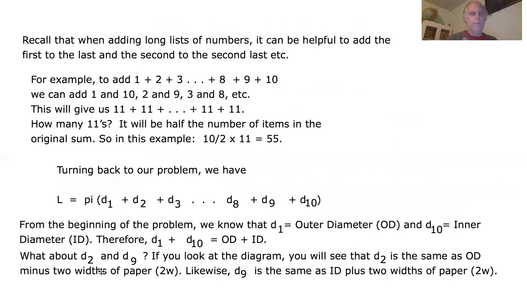So D2, as I put in here, you'll see that D2 is the same as the outer diameter minus two widths of paper, or 2W. Likewise, D9, the second to last circle, is the same as the inner diameter plus two widths of paper, or 2W.